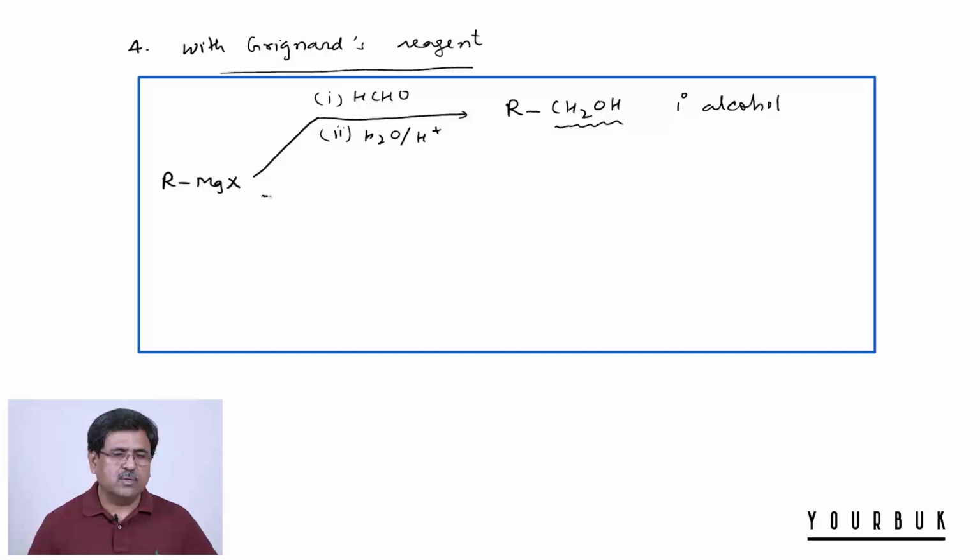And Grignard's reagent on reaction with any other aldehyde except formaldehyde, followed by hydrolysis, gives a 2 degree alcohol, secondary alcohol.